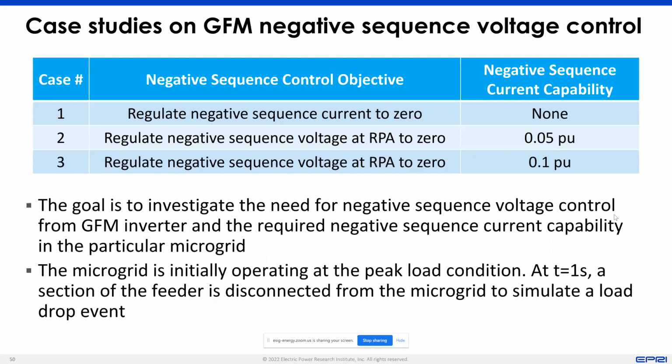The difference between case 2 and 3 is the negative sequence current capability. For case 2, we limit the inverter's negative sequence current capability at 0.05. So based on the need of the system, it can adjust its negative sequence current contribution, but it cannot go above 0.05. For case 3, we then increase this amount. Now the current can go up to 0.1.